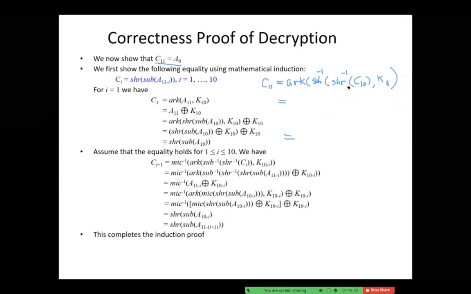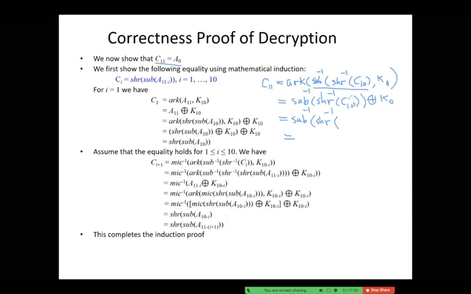Okay, so I'm going to say these are add round keys. So we're going to put this in first. So this is sub C10 at round keys. And then this is sub inverse, shift inverse.